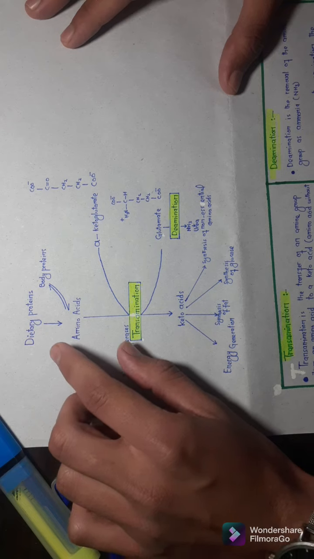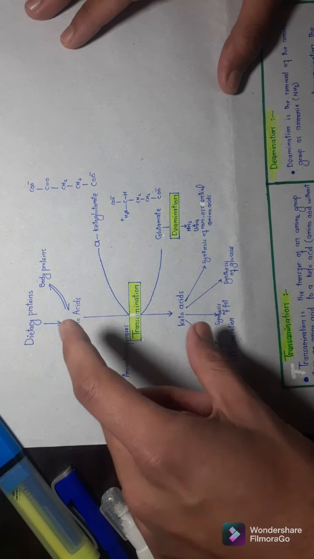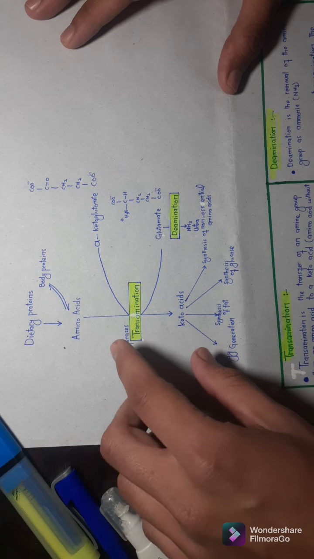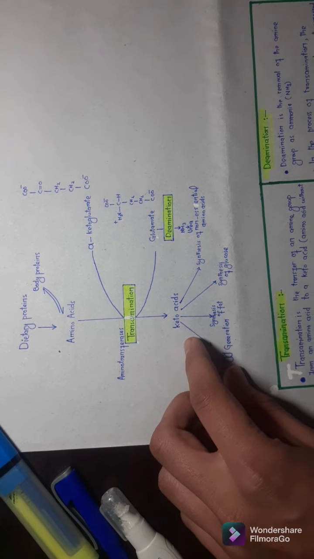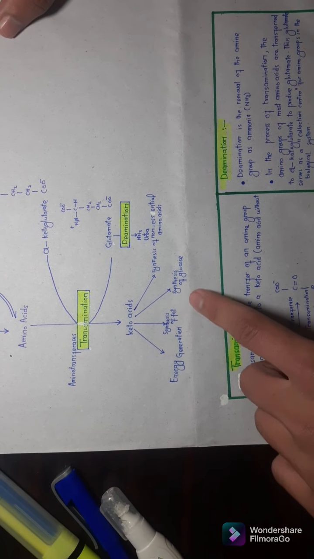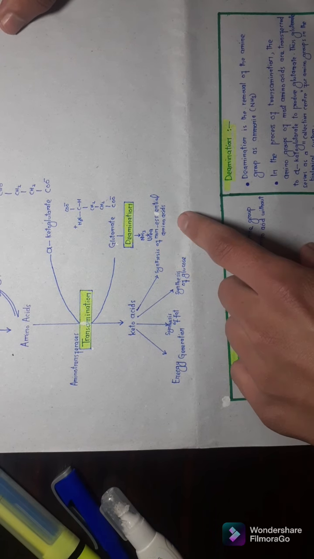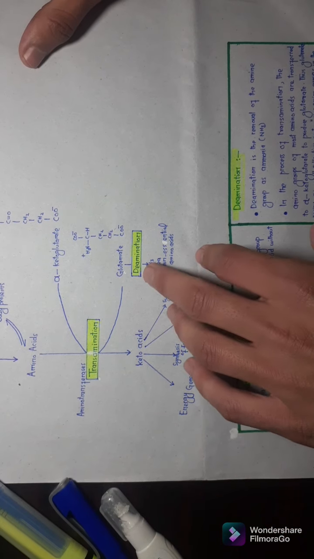Okay, so this is the whole sketch of transamination and deamination. So here from dietary protein and body protein, amino acids are formed which convert into the keto acid by an enzyme, aminotransferases. Okay, so these keto acids have different roles like energy generation, synthesis of fat, synthesis of glucose and synthesis of non-essential amino acids. Now, what is deamination?